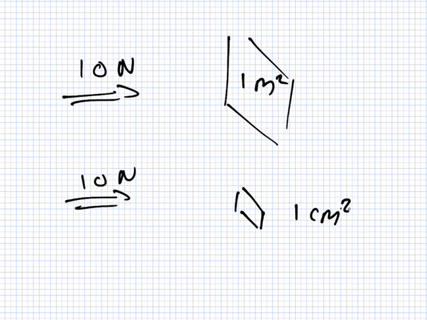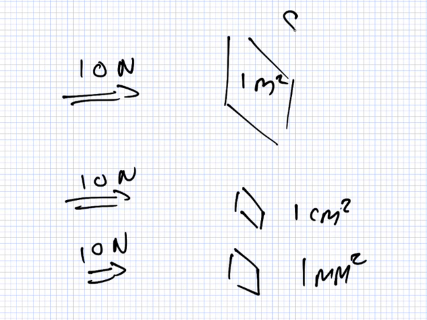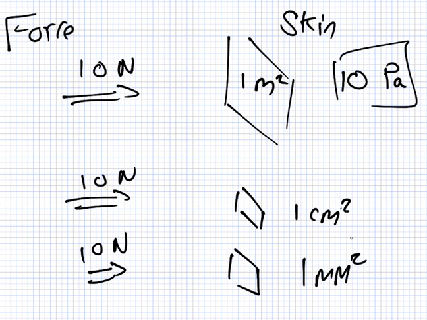So what I would like people to do now for me is compare the 3 situations. Here's my 10 newtons, but now on 1 millimeter squared, and this is skin, and this is the force. So can you give me the pressures? Well, the first one will just be 10 pascals, but I'd like these two as well.